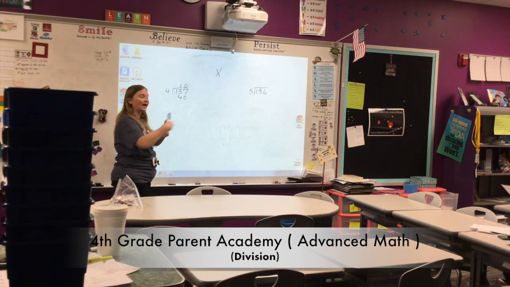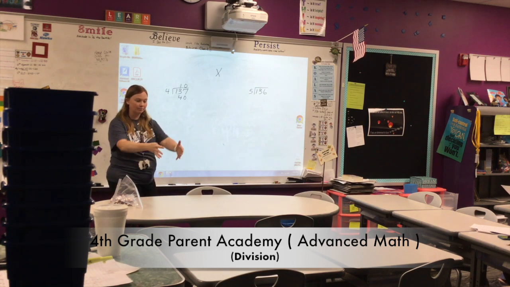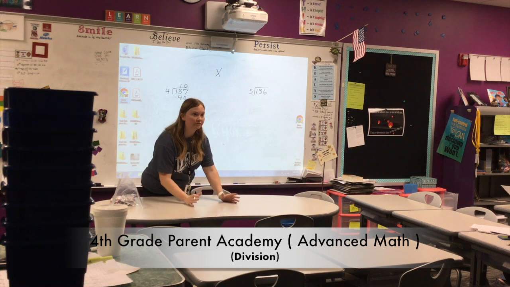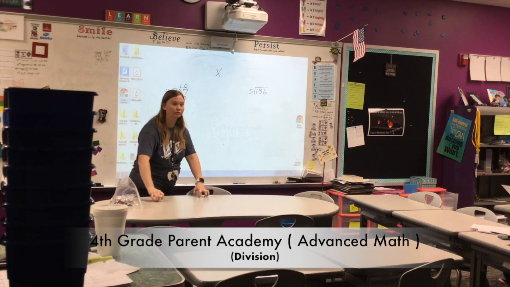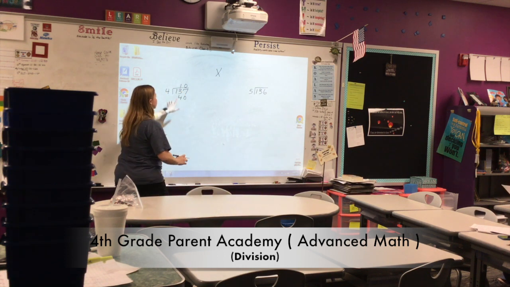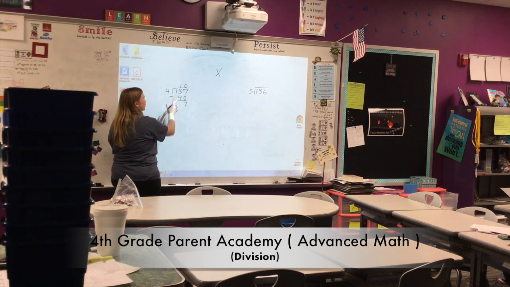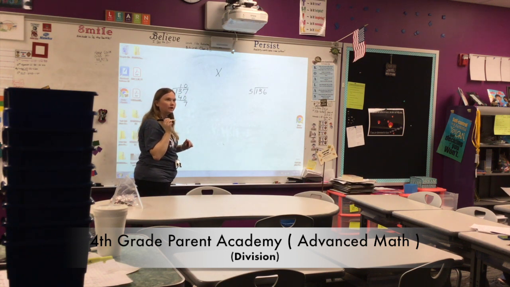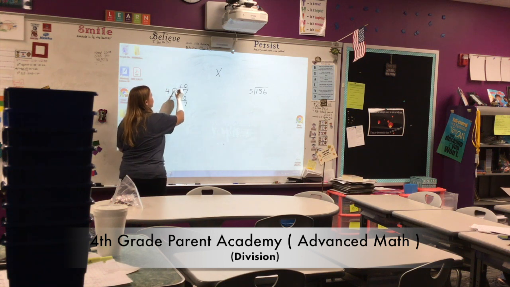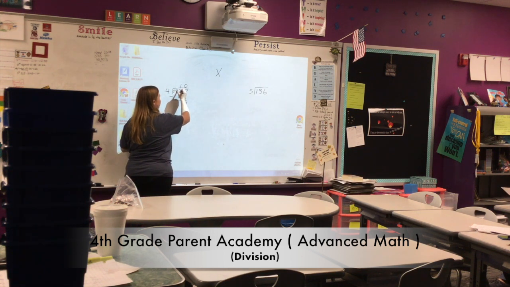So you took that out, right? That pile in the beginning, that was your dividend, that was your start number, and you literally took out from that pile. So you actually subtracted from your dividend. 7 minus 0 is 7. And I cannot do 13 minus 4. Now, in other classes, we would do this. 0, this is 13.